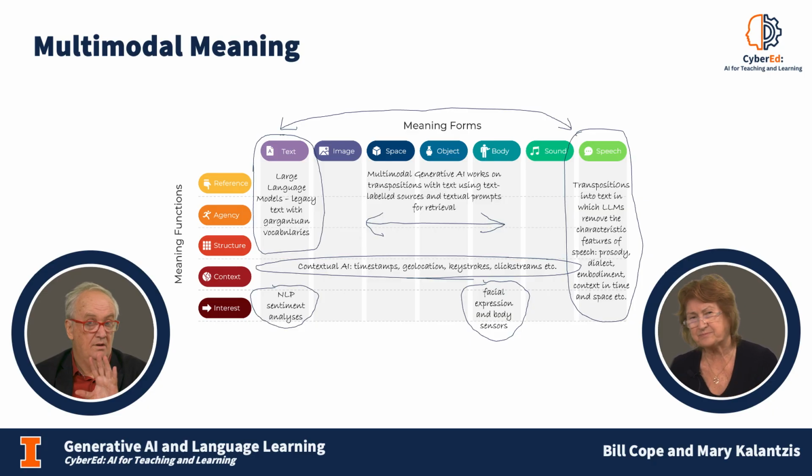So look, as Mary just said, we've dealt with this in a fair bit of detail elsewhere, but the point of this diagram is really that generative AI only works up in that top left-hand corner there. That's where it works. It doesn't do the other things. And what it does, in order to do image, is it requires labels in a data set, and it requires a narrative prompt, do this.